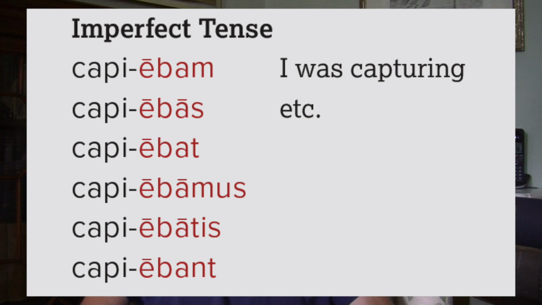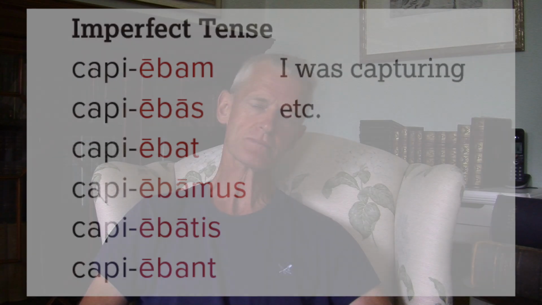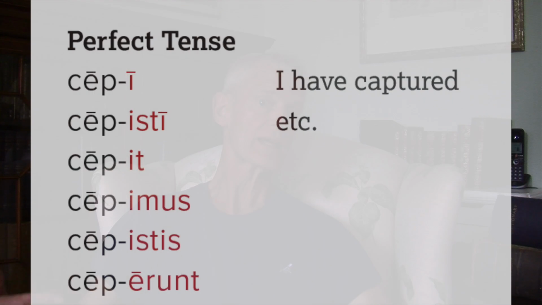Okay, so exactly like audio. And then, as you would expect, the perfect tense, you just know what the third principal part is, and whatever it is, that's where you go to form the isti, it, imus, istis, erunt endings of the perfect tense. So for capio, that's cepi, cepisti, cepit, cepimus, cepistis, ceperunt.